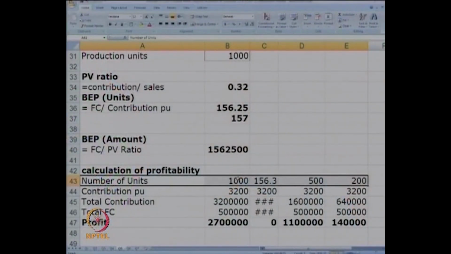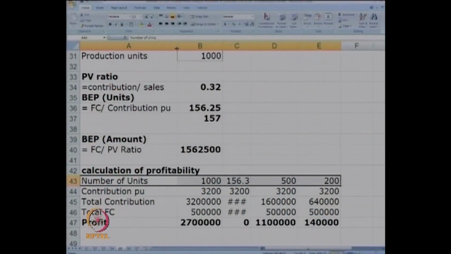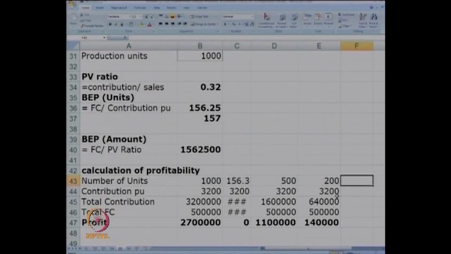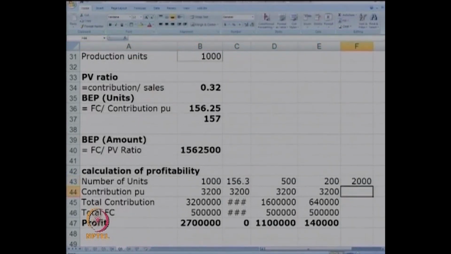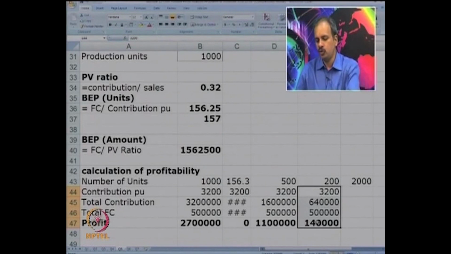Can this relationship be identified? Yes, if it is identified, it is known as operating leverage. So here we look at the percentage of change of profit for a certain percentage of change in sales. Okay. So now let us see one more. Now we have seen with a decrease. Let us try to also see with an increase. Suppose sales increases up to 2000.